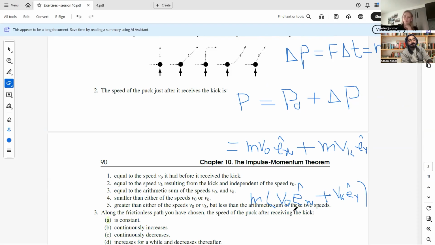We are actually clearing the components of the velocity because these components will decide the direction of motion of the puck after having a kick. So here finally we have found two components. One is the x component, the other is the y component.